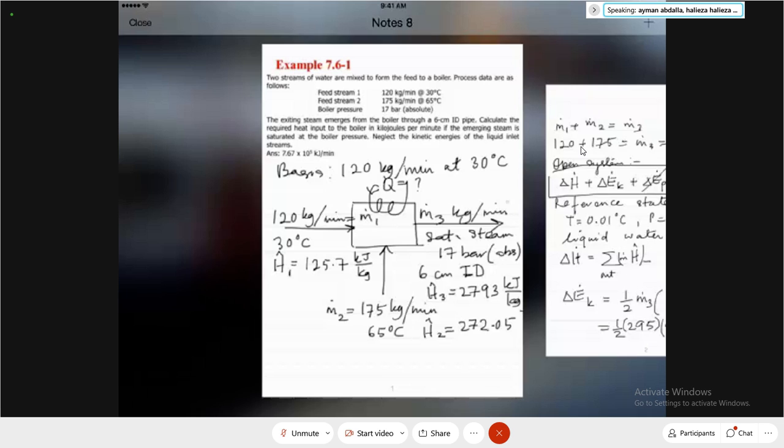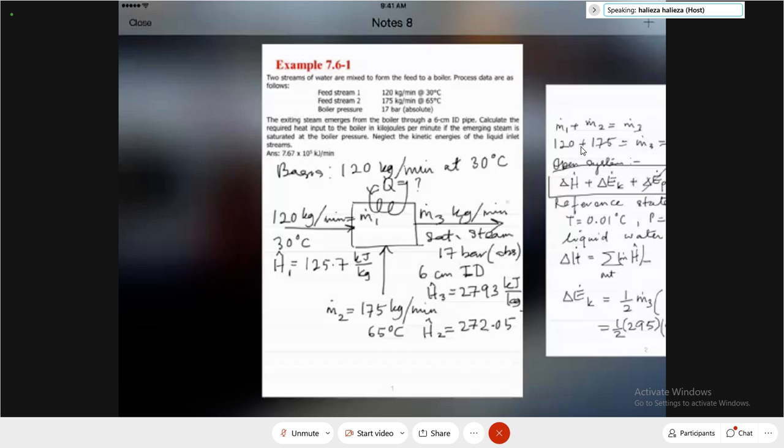But the pressure is not given here. Sometimes compressed liquid could be subcooled liquid, below the saturation temperature. So you need to have the pressure in order to verify whether it is saturated or subcooled. But since the pressure is not given, we're going to assume that it's saturated water.